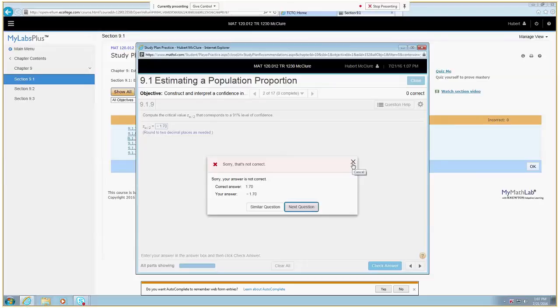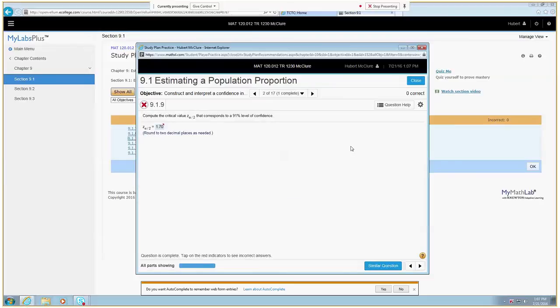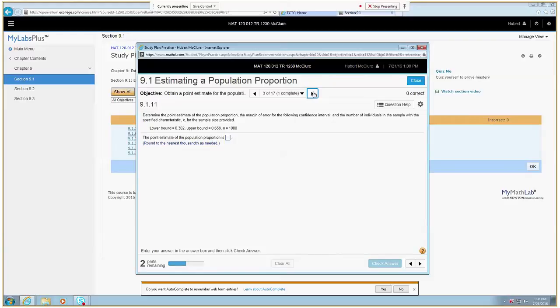Yes, z sub alpha over 2. I was just putting the numerical value, but they're just wanting the distance. Now that one's a simple question. You shouldn't have a problem with that one.